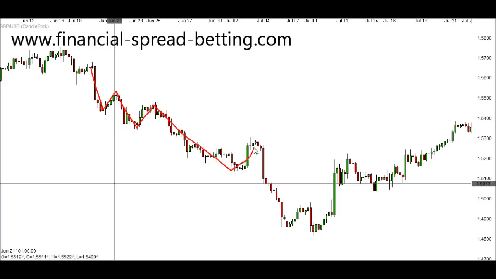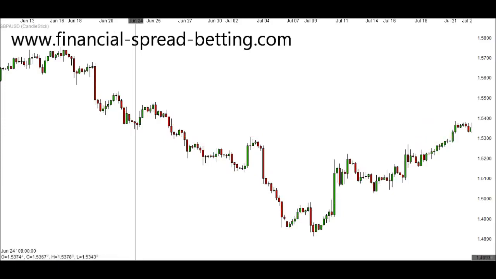A series of lower lows and lower highs. Here's our high and our low. Price pushes, makes a lower low, pulls back, makes a lower high. Price pushes, makes a lower low, so things are looking very healthy. But when we pull back, we create a higher high, and that's a characteristic of an uptrend. And then we go on an uptrend.